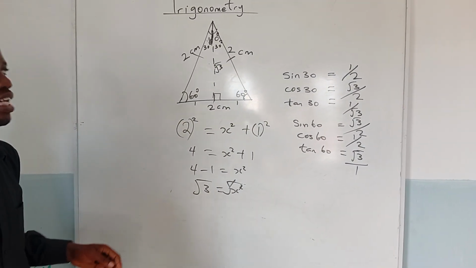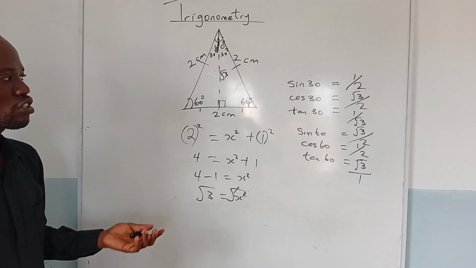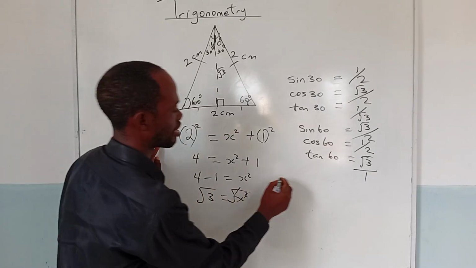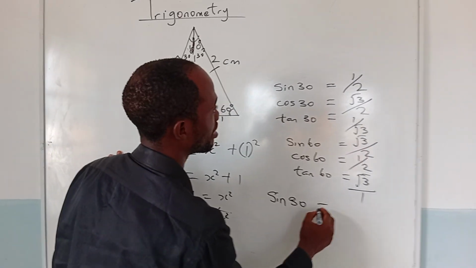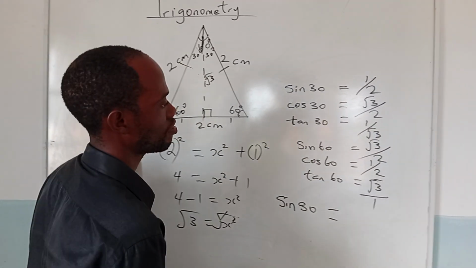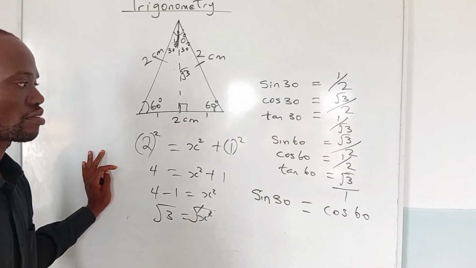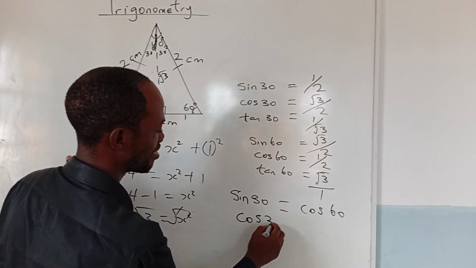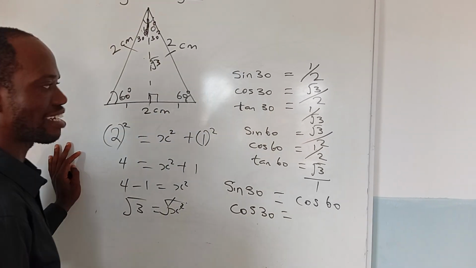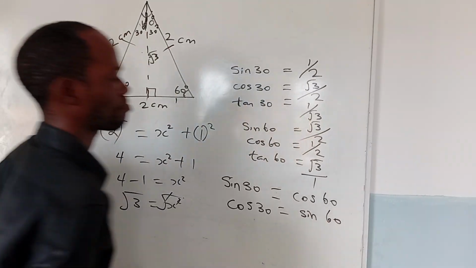Now from this, it is simple. For us not to forget, we can easily say that sine 30 is the same thing as cos 60. Also, cos 30 is the same thing as sine 60.